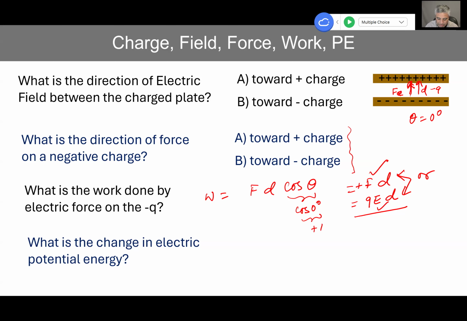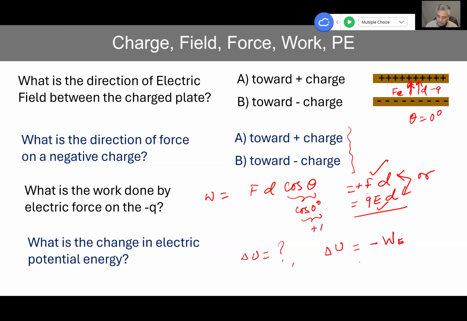So what is the change in electric potential energy? We know the change in electric potential energy is equal to the negative of the work done by that electric force.